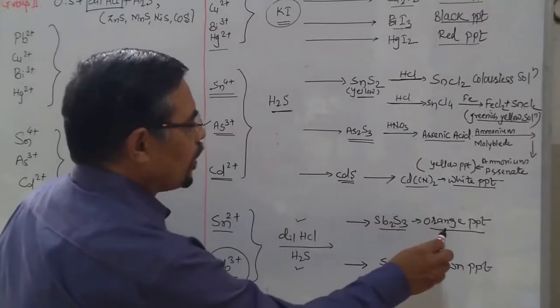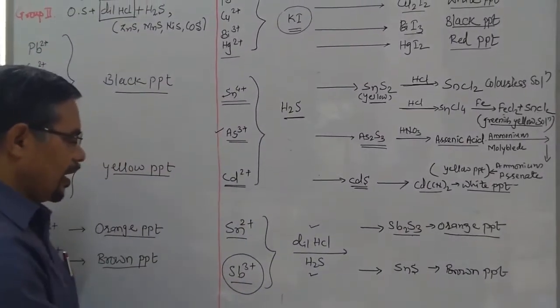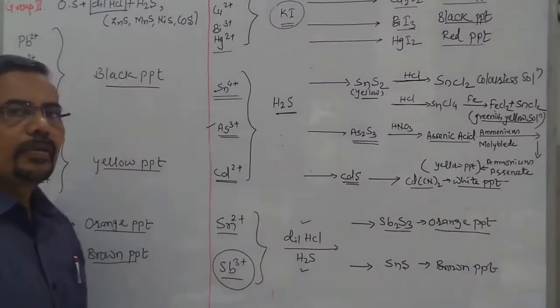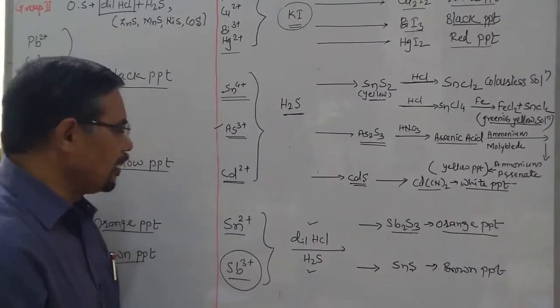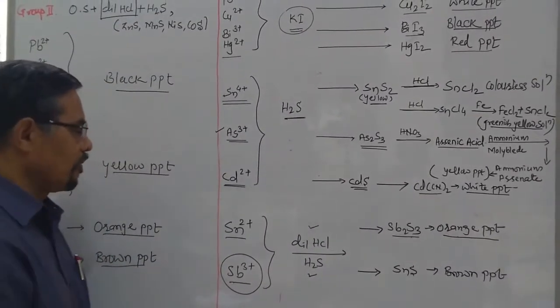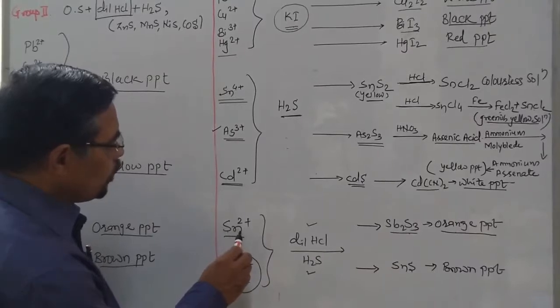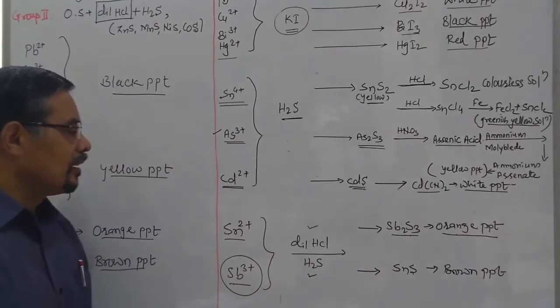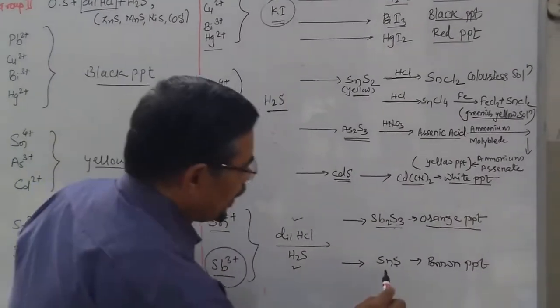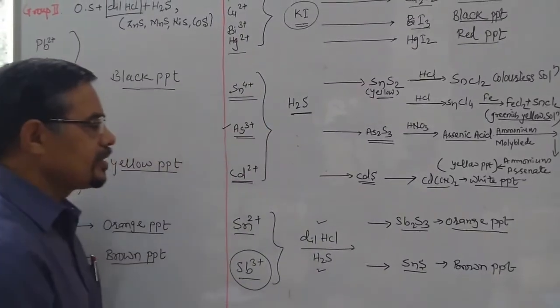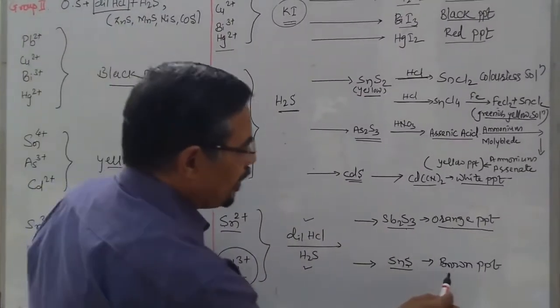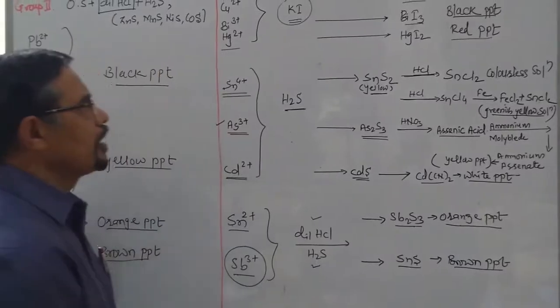This orange colored precipitate means the presence of Sb3+ radical in the given mixture. Similarly, Sn2+ is a stannous radical. If it is present, then it forms SnS, that is stannous sulfide, which is a brown colored precipitate.